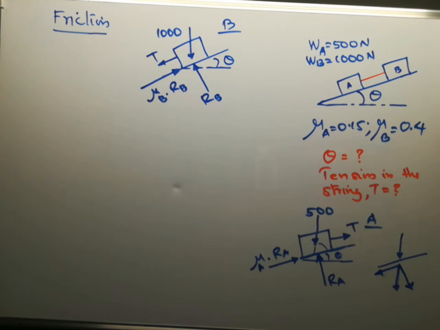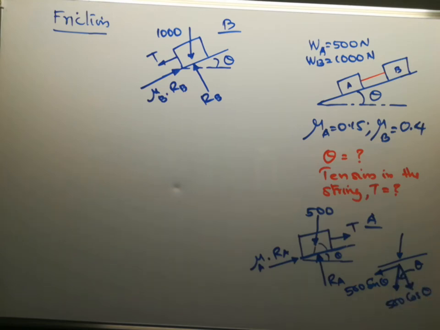From the figure geometry, it can be seen that this angle is theta, same as this angle. So this component will be 500 sin theta, and this component will be 500 cos theta.